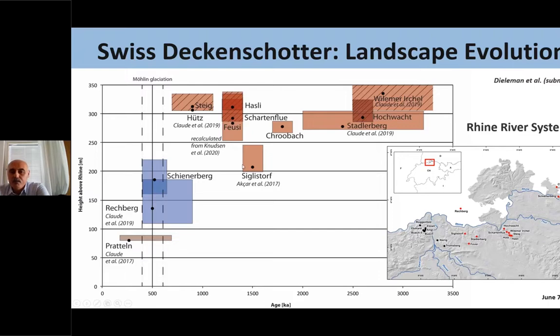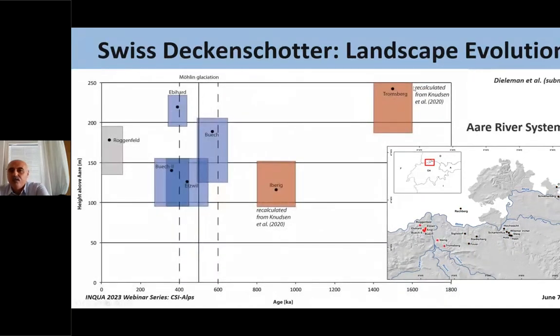So what this means, now let's look at the river system to the west. Let's go to this part. Again, you see you have the old deposits here, and then it concentrates around the Merlin glaciation around 500,000 years.